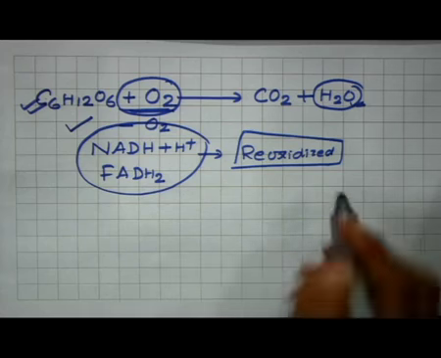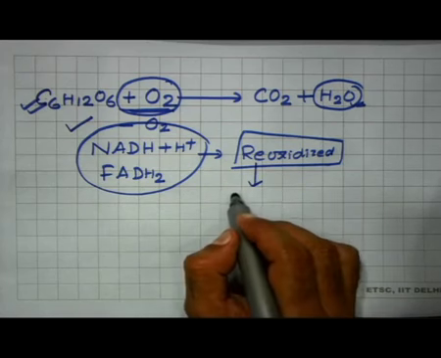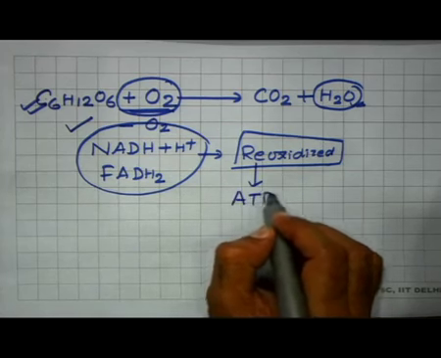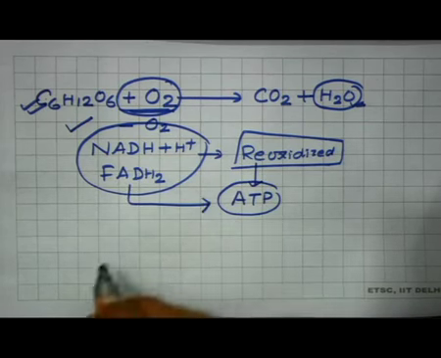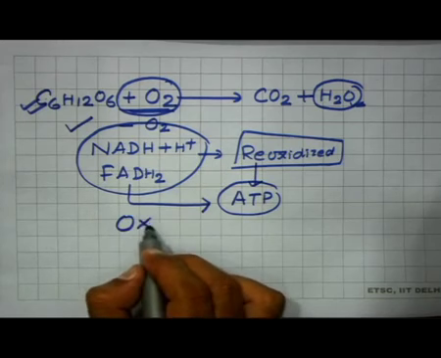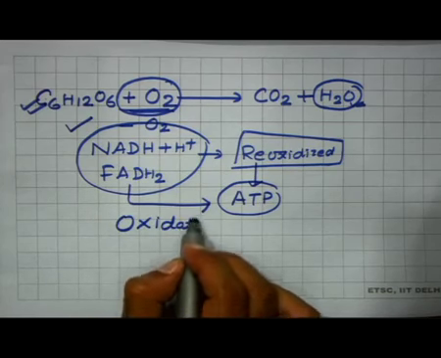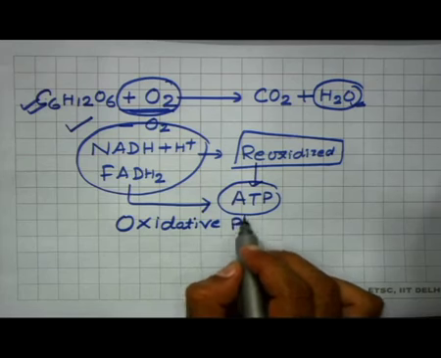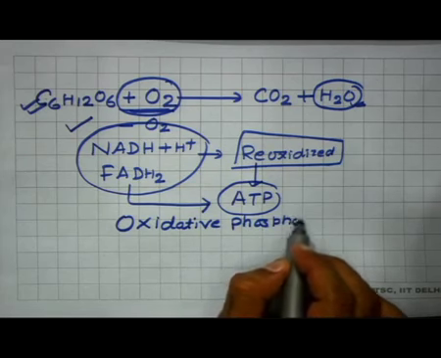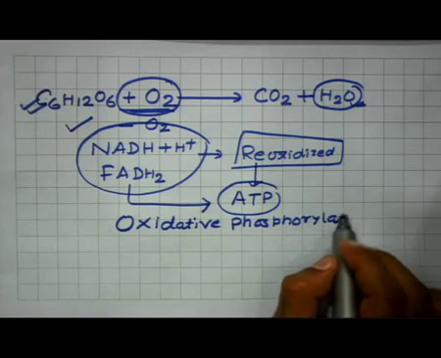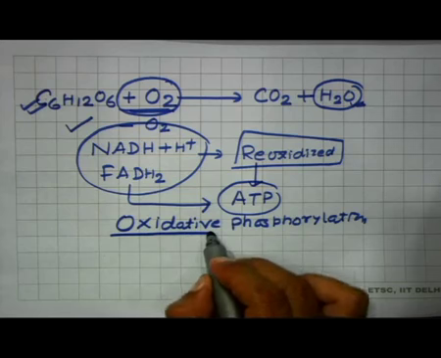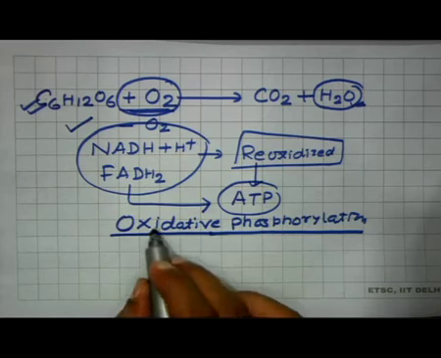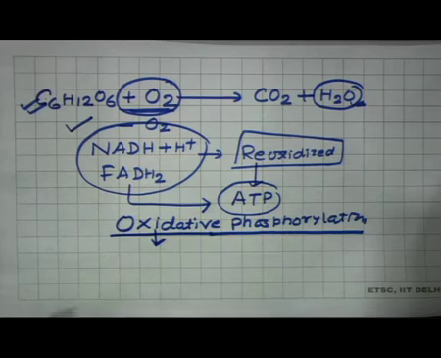After the reoxidation, this results in the formation of ATP. Here the reduced coenzyme is converted into ATP. So, this type of phosphorylation is called oxidative phosphorylation. So, we link that this oxidative phosphorylation is the next step of aerobic respiration. It is also called terminal oxidation.